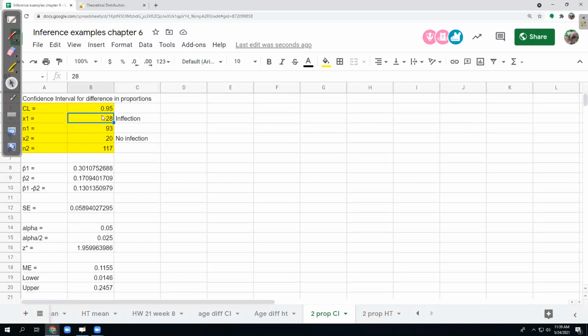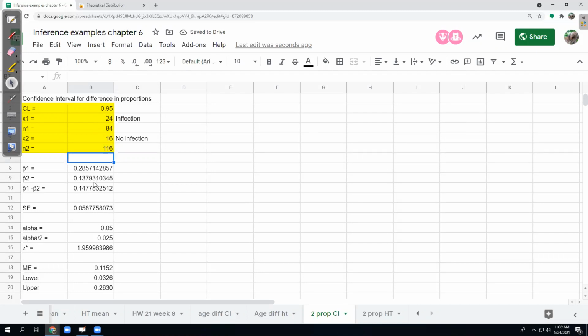So my data here was that 24 out of 84 people with an infection died in the ICU. And then the other group, 16 out of 116 of the people without an infection died.